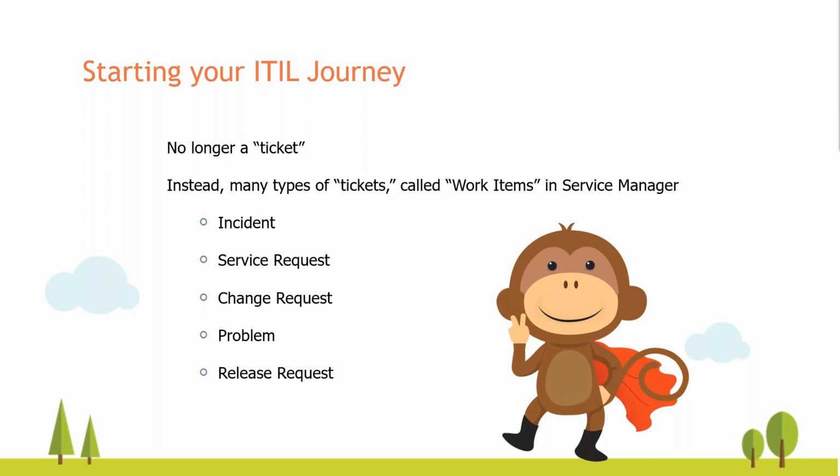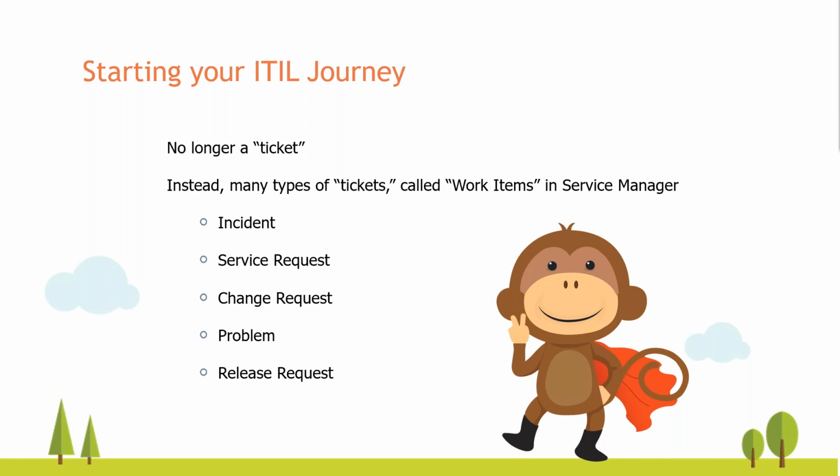Those work items break down into incident management, which is break fix; service request, which is request management, something that someone is requesting from us; change request, a change to a production system in some way; problem records, which are root cause analysis; and release request, the final one, around the release of projects and changes into production.